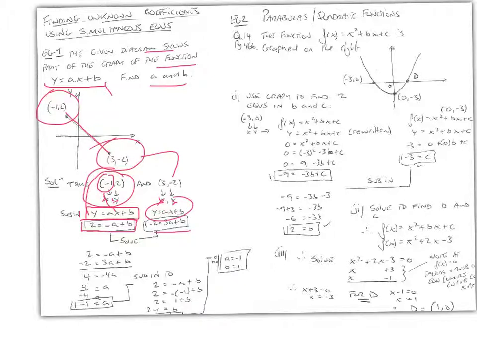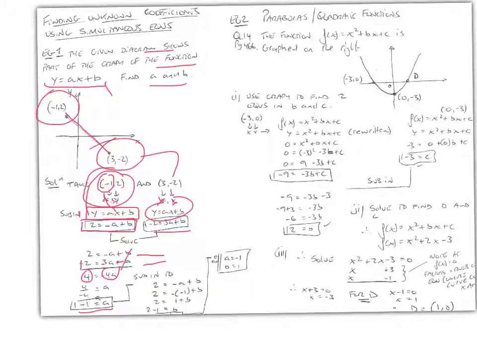You solve these two equations by putting them on top of each other, and you change the sign and add. So you have 2 equals minus a plus b, the first equation, and minus 2 equals 3a plus b. Change the sign, 2 plus 2 is 4, minus a minus 3a is minus 4a, change the sign, the b's cancel. So a equals minus 1.